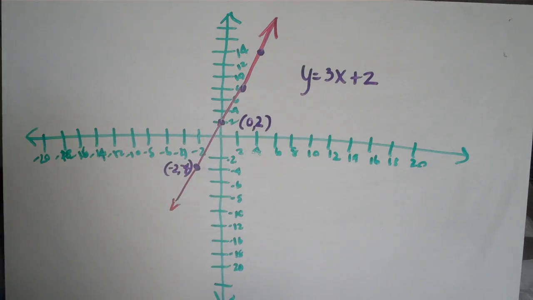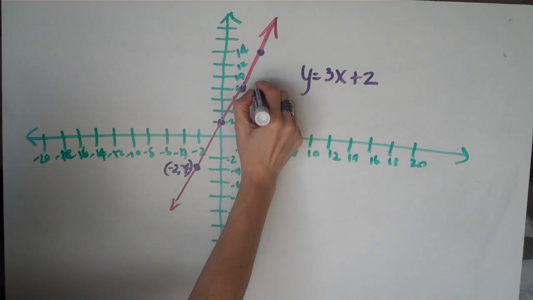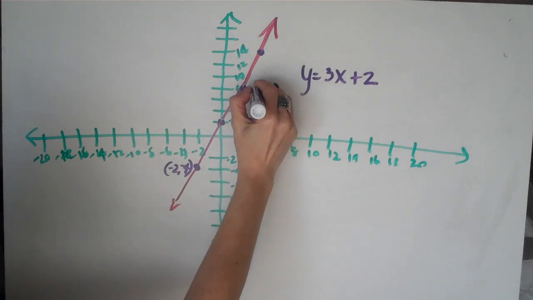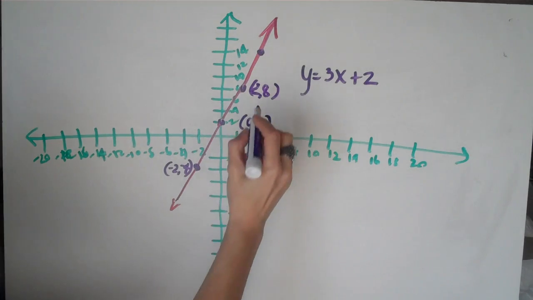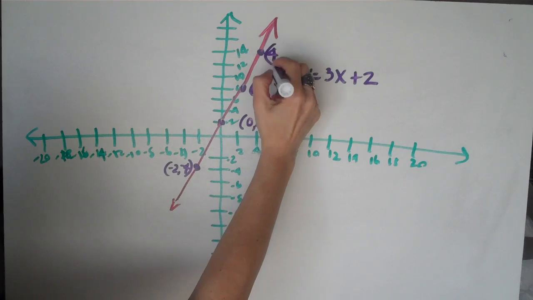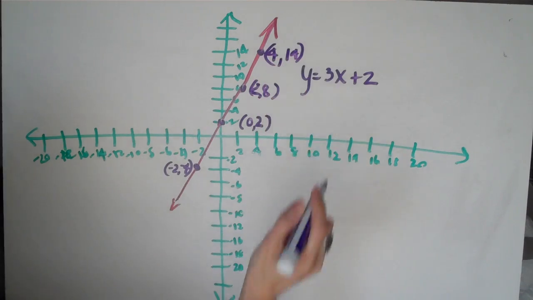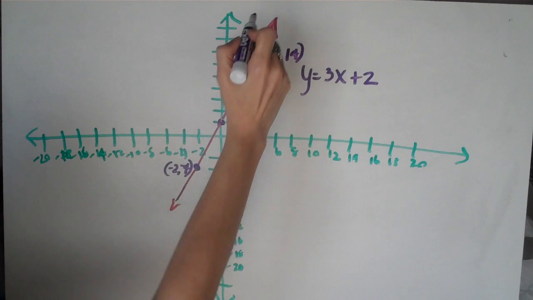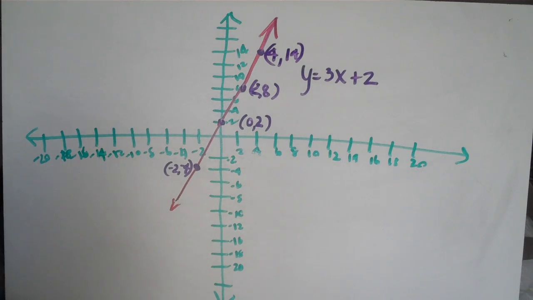And then the next one was 2 and 8, which was over here. And the last one is 4, 14, which is right over there. And then when I connected the points, I drew a straight line. It might not look perfectly straight right there, but if you use a ruler and you do it on your graph paper, you should see a straight line.